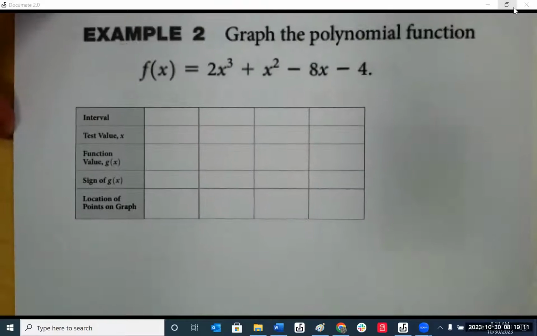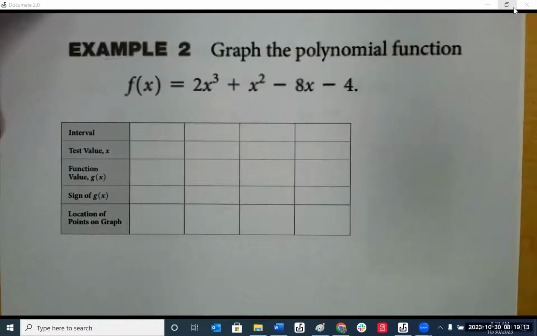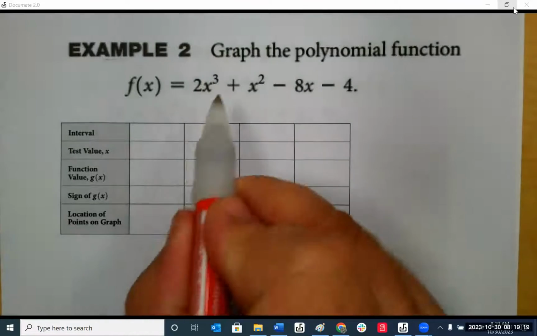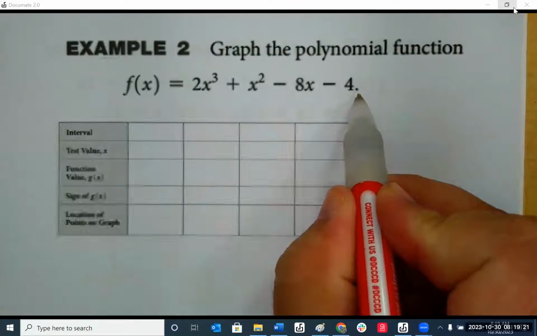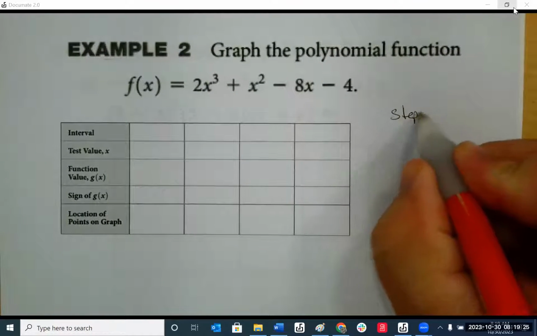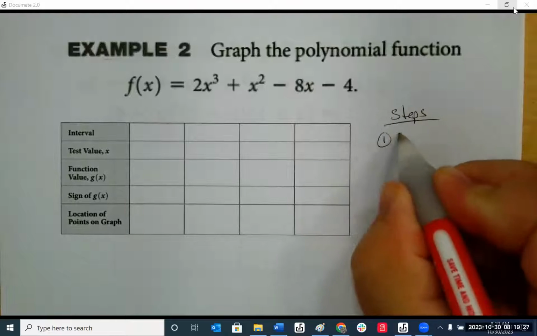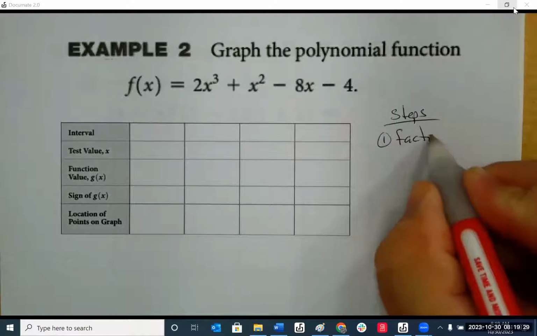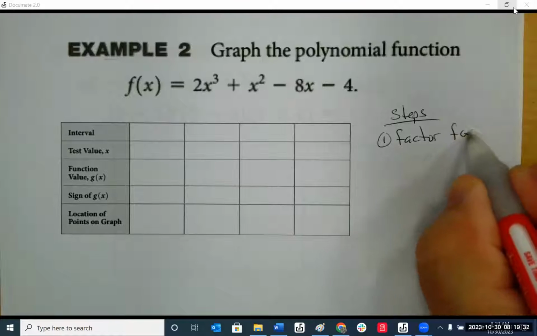Example 2. From our notes, we have 4 terms. So the steps: factor the function.